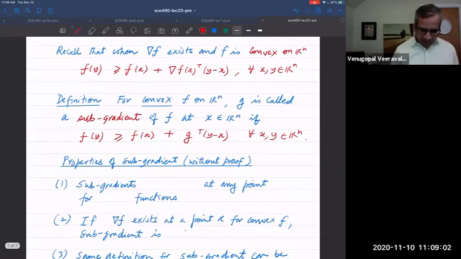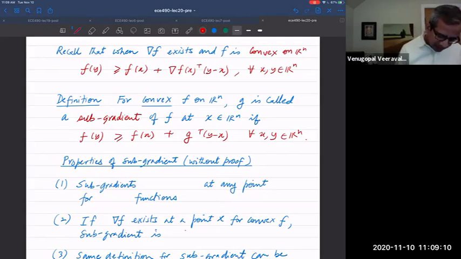A property of subgradient is that the subgradient always exists at any point for convex functions.